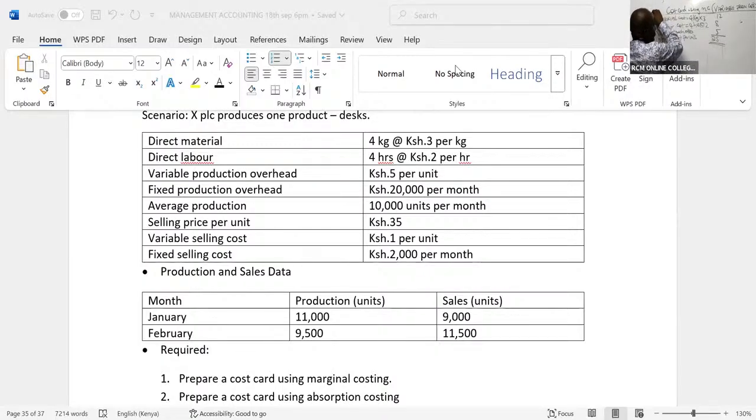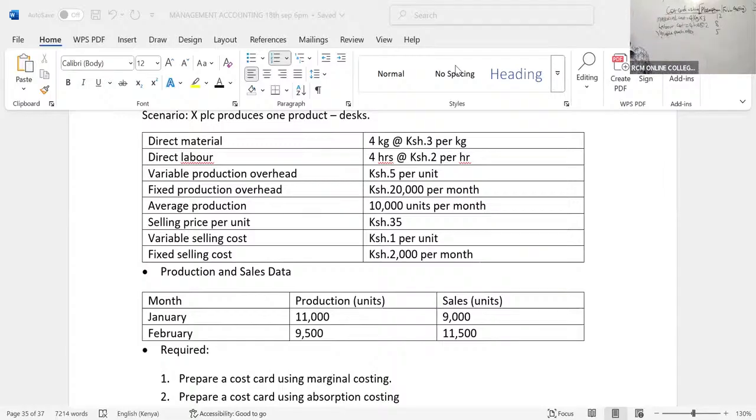So number 2, I'm doing a cost card this time around using what we call absorption. Remember, your examiner at times will use different words. Instead of using absorption, your examiner can easily use full costing. So remember, under full costing, we shall consider variable production cost and the fixed production cost.